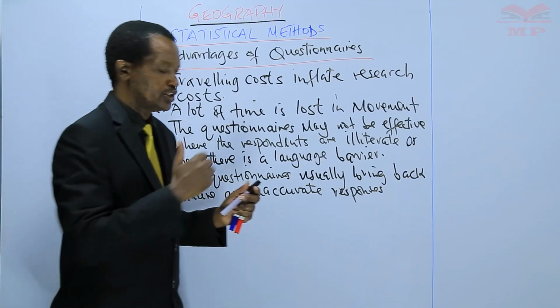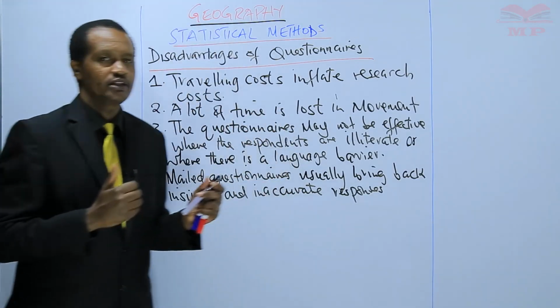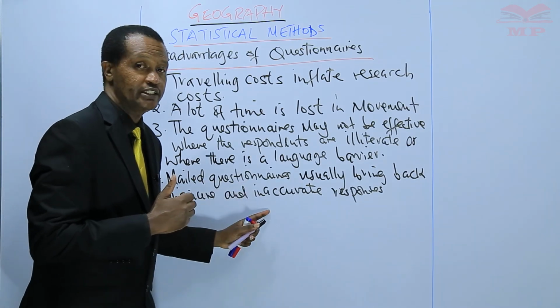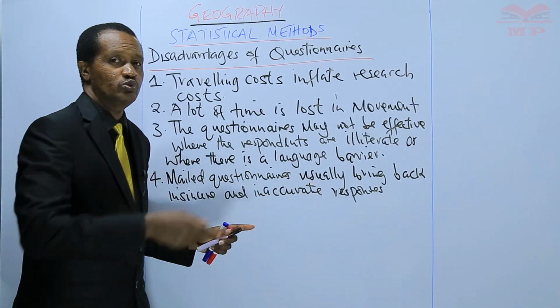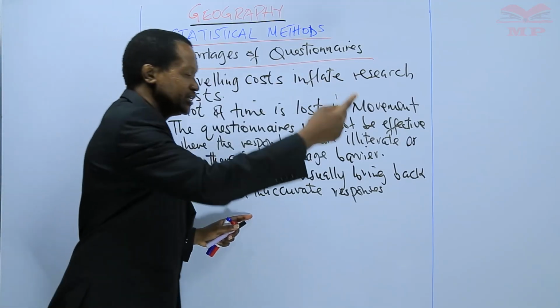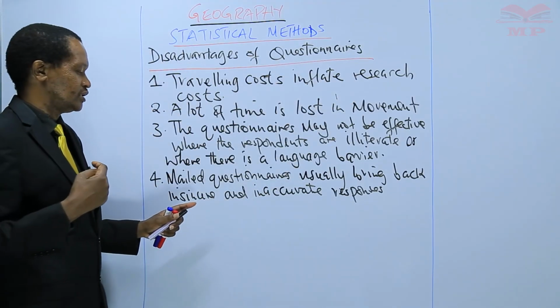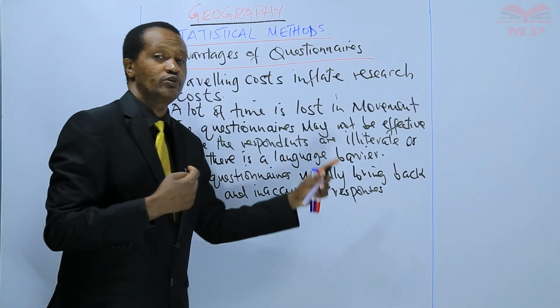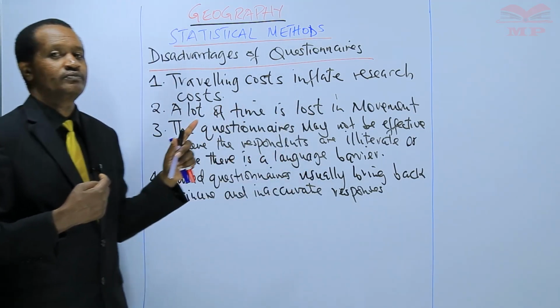Because if you engage a respondent one-on-one, then you will be able to read inaccurate responses through body language. But if you are mailing, then you will not be able to see insincerity in the responses of the respondent.